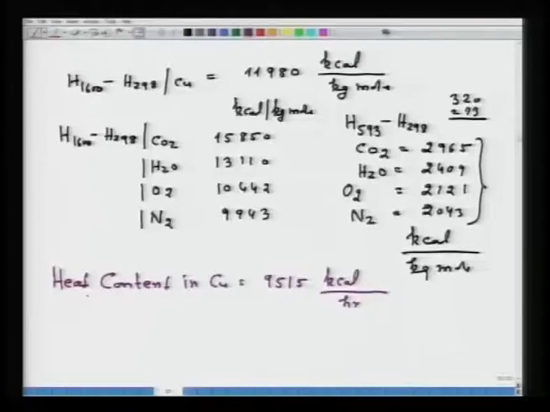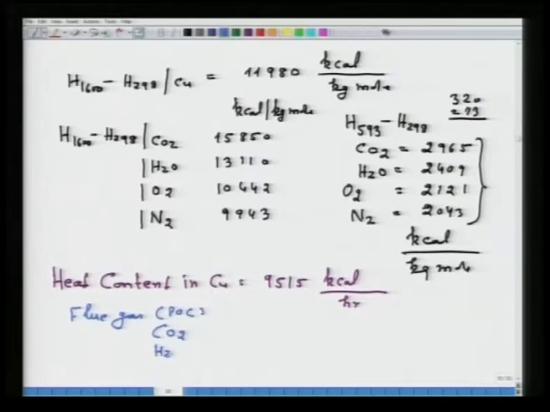Now, again you can find out the amount of flue gases. Take 1 kg of the fuel, composition is given. So, we can find out the flue gases or products of combustion. We have CO2, H2O, O2 and nitrogen. You can calculate their respective amounts and the kilocalorie per kg mole at the respective temperature of discharge.